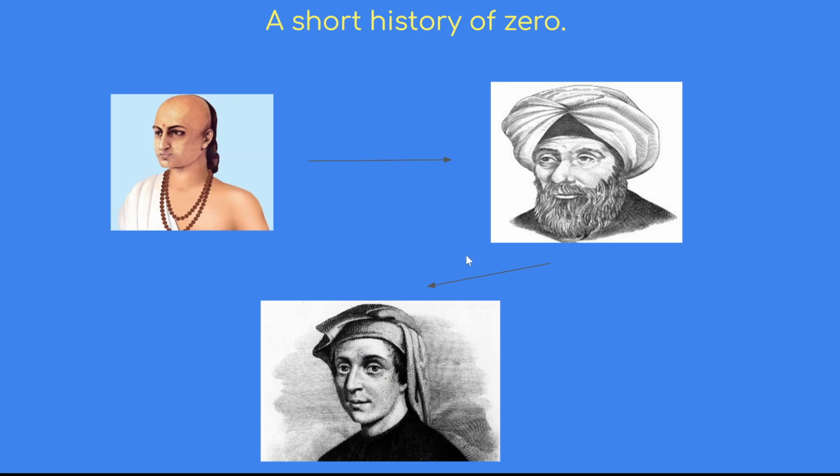And then the Arabic mathematician Al-Khwarizmi used 0 in the golden age of Islam and preserved that knowledge. Later, a European mathematician, Fibonacci, took the idea and popularized it in Europe. Fibonacci is an important figure in mathematics, and we will discuss him later.